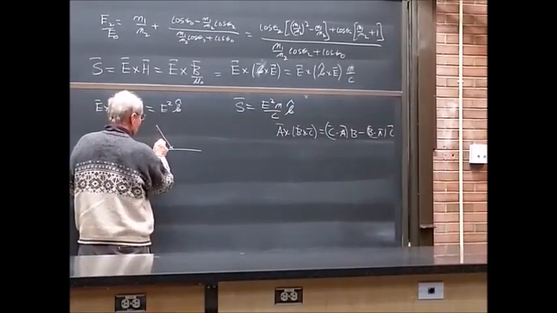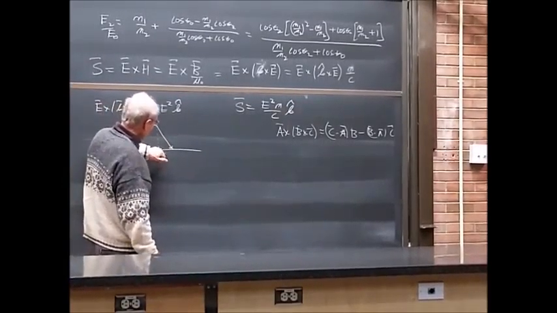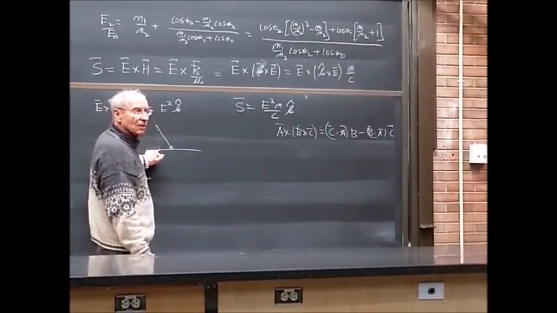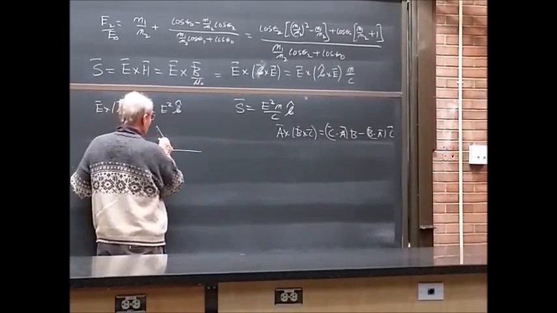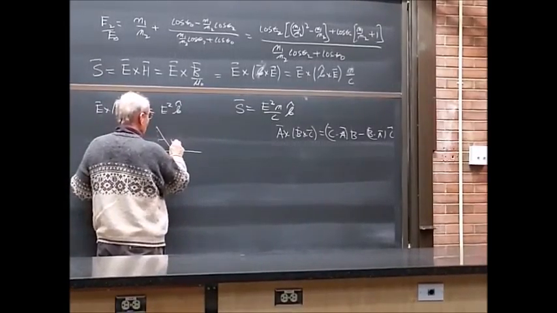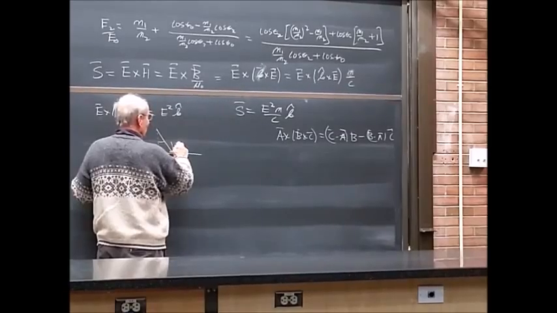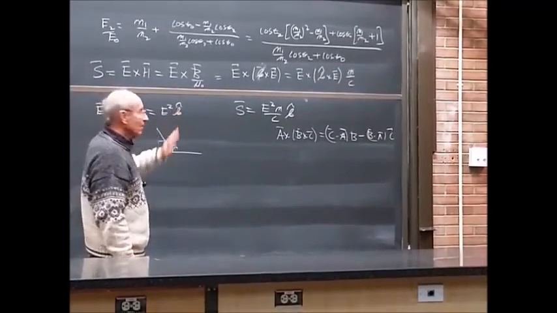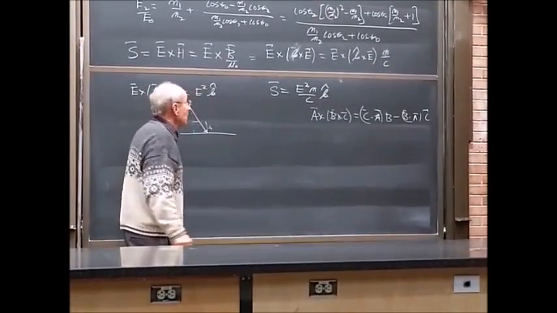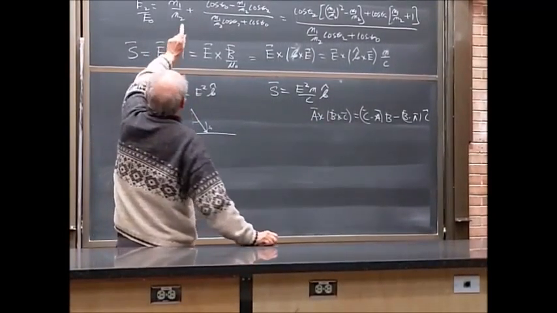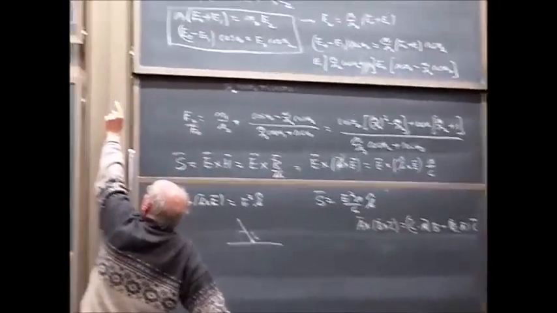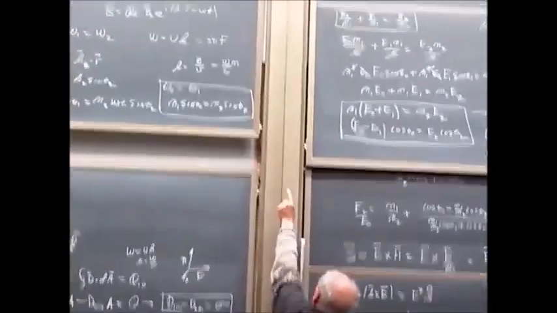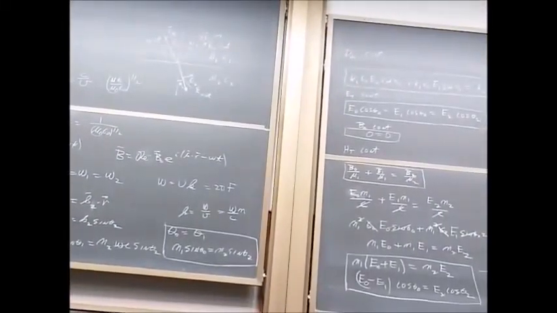The energy striking the plane per second is this component of S. And so to get that, I have to take the dot product of S with the normal to the surface. In other words, I need the component of S which is normal to the surface, which multiplies those things by cosine of theta.